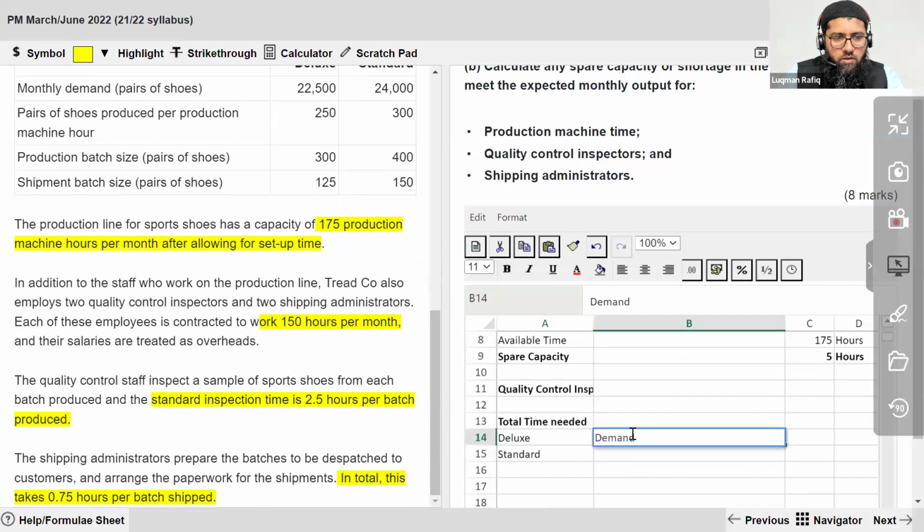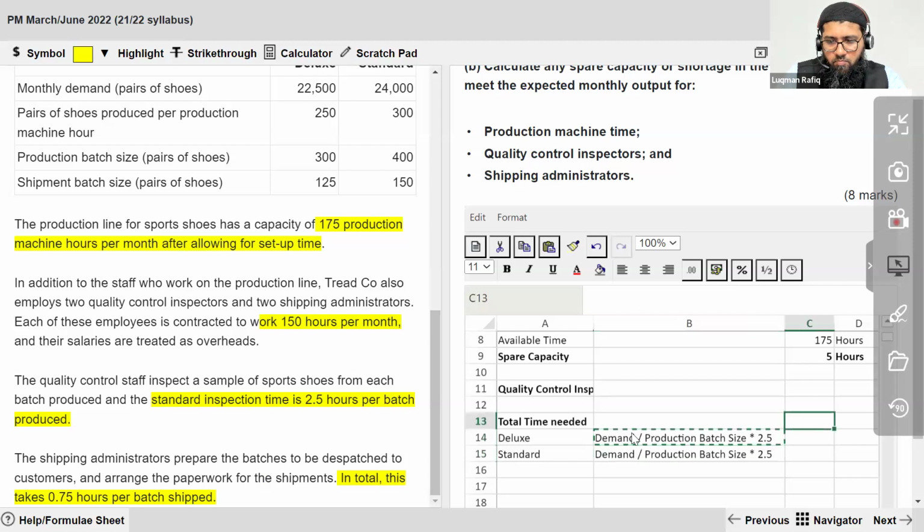Demand divided by production batch size multiplied by 2.5. 22,500 divided by 300 multiplied by 2.5.